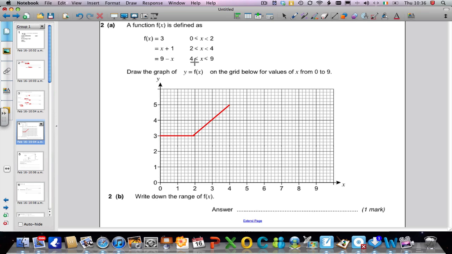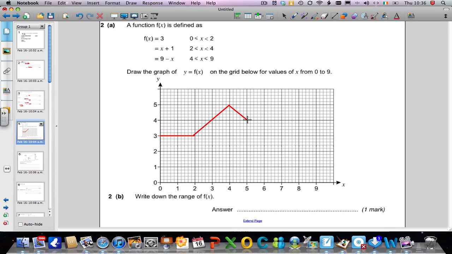Now, if x was 4, that means f of x would be 5. So that satisfies that criteria. If x was 5, so still in here, f of x would be 4. So we're coming back down again.